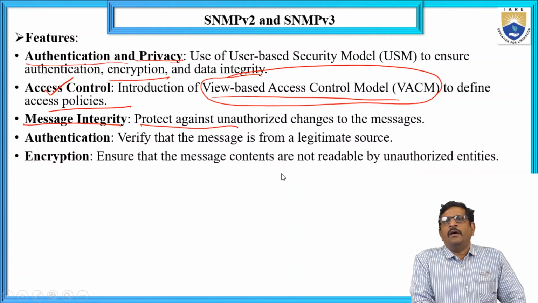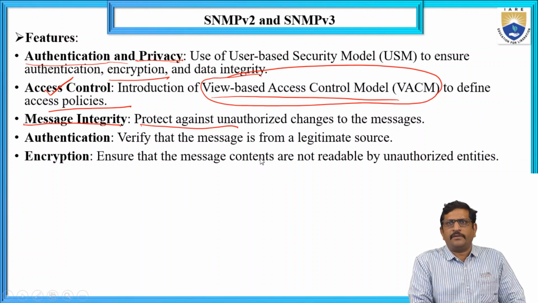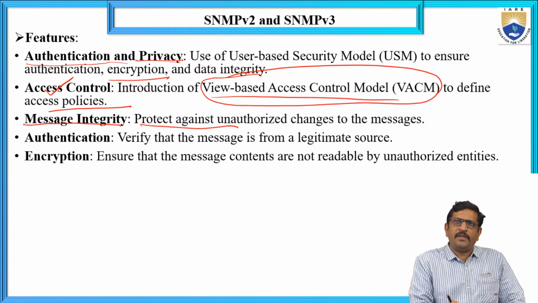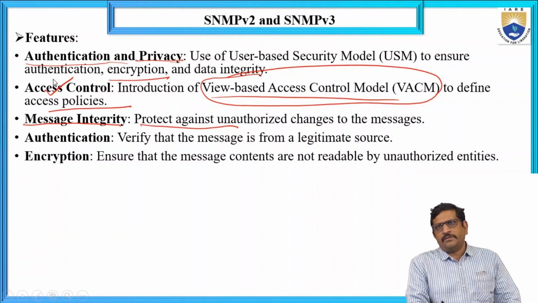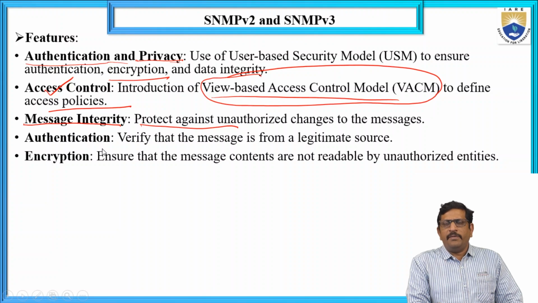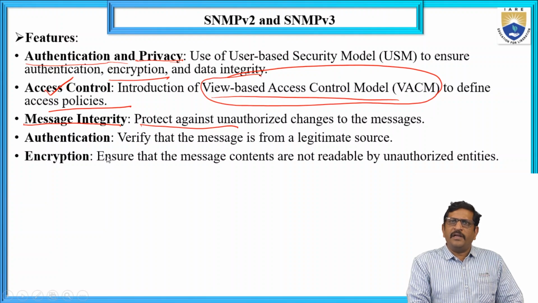Attackers are unauthorized users or third parties, and we are protecting the data from them. That means simply we can call them hackers. Why? Because unauthorized users can change the information. That is the man in the middle, for example a man-in-the-middle attack.